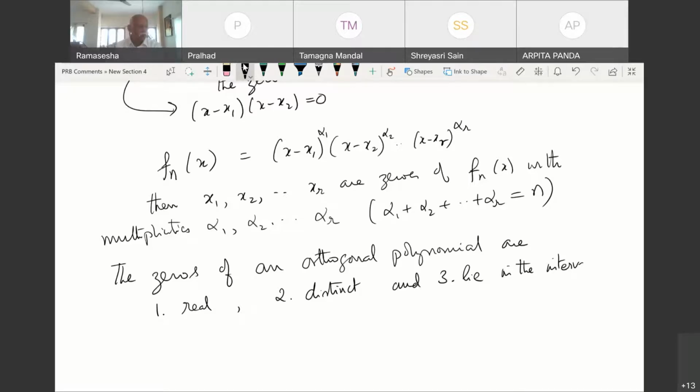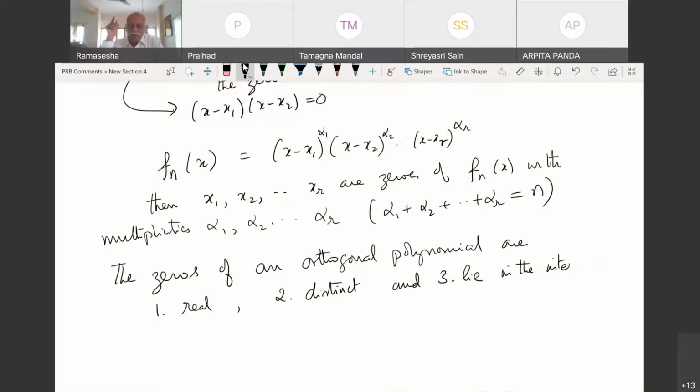Okay, so this is the theorem, because when I give you an ordinary polynomial equation, it is not necessary that all the zeros of the polynomial equation must be within a given interval. It is also not necessary that they must all be real. They may also have multiple roots, right? So this is an extremely restrictive theorem, which is satisfied by orthogonal polynomials.